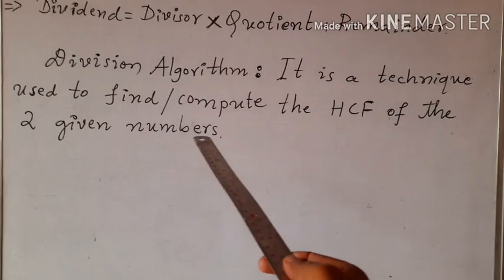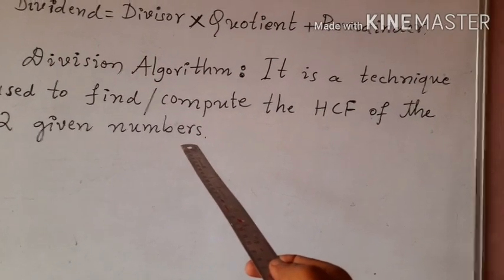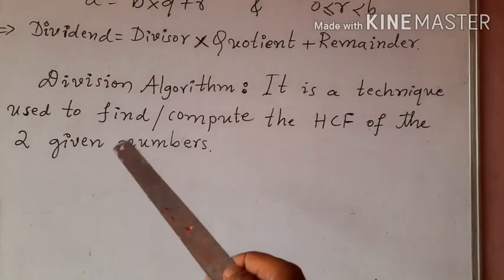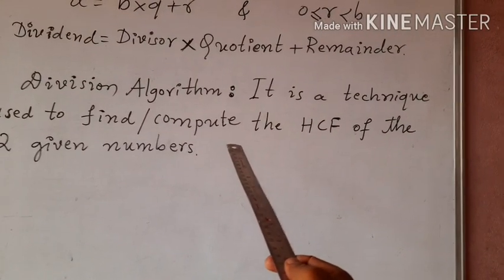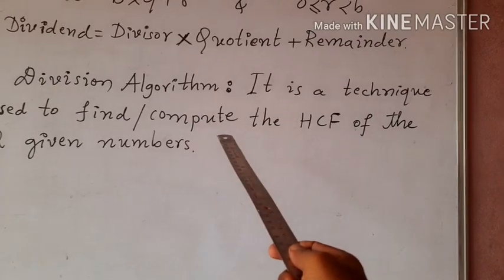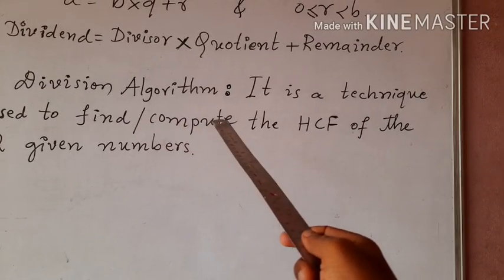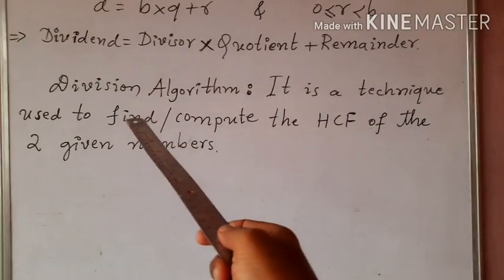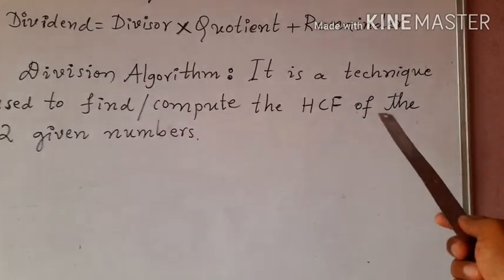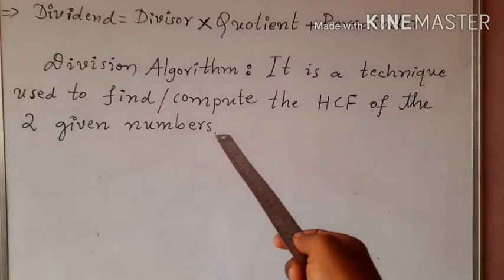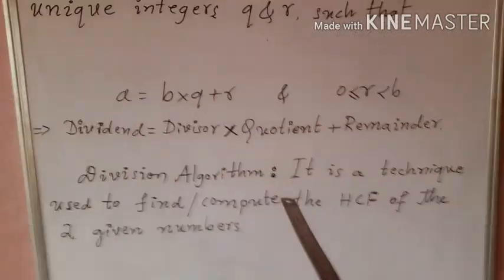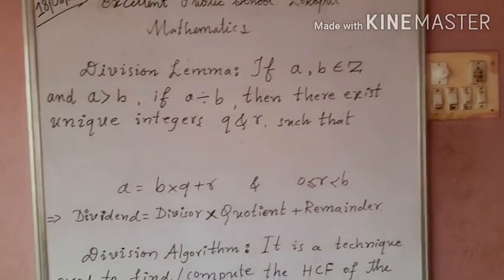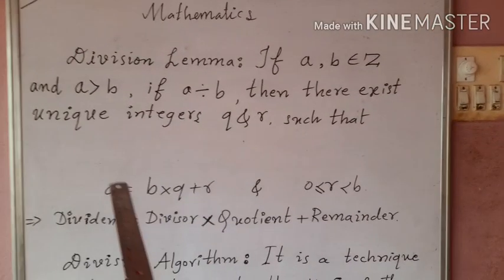If two numbers are given and you are supposed to find the HCF of those two numbers, you will use a technique. What is that technique? Division algorithm technique. By using division algorithm technique, you will find or compute the HCF of the two given numbers. Regarding division algorithm, we see later, but in this session, let us understand the division lemma and verify the relation a is equal to b into q plus r and r is greater than or equal to 0 but less than b.